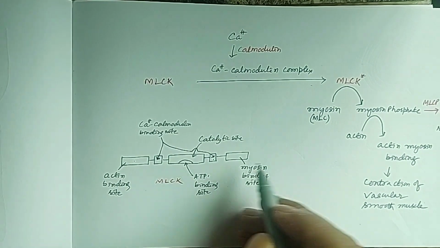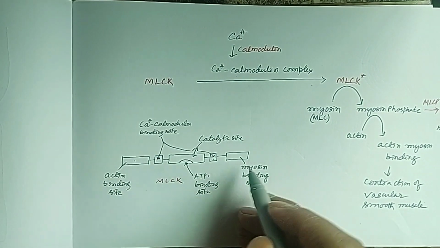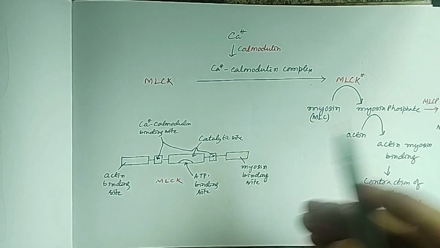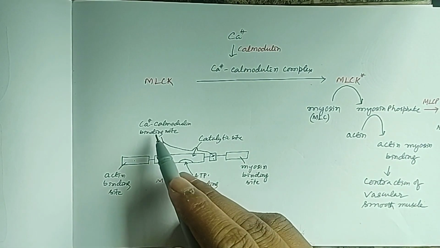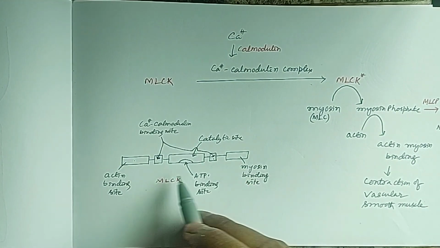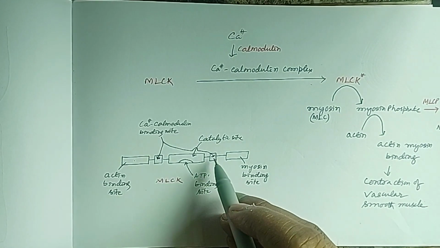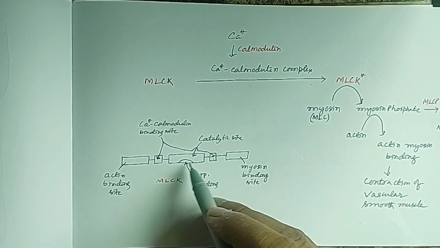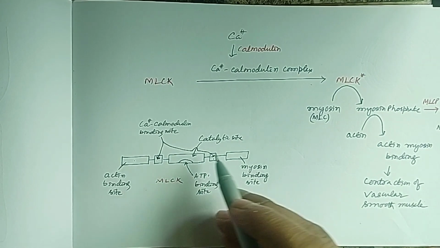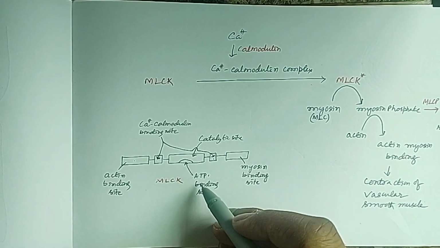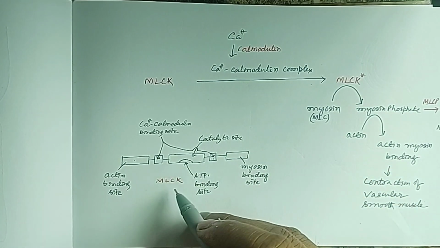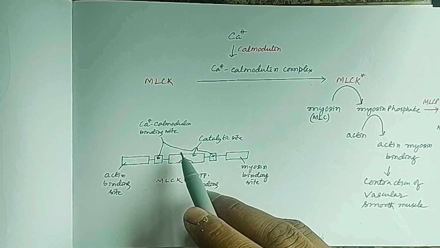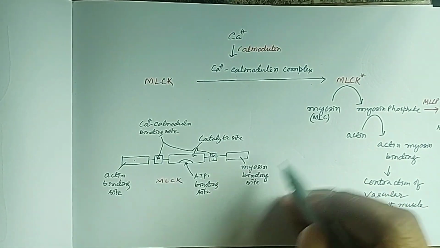Myosin light chain kinase can bind to both actin and myosin, the two regulatory proteins of the smooth muscles, and it has a site for binding of calcium calmodulin complex. When calcium calmodulin binds to MLCK, the catalytic site is activated, and there is also an ATP binding site within the catalytic site, and this will phosphorylate the myosin.